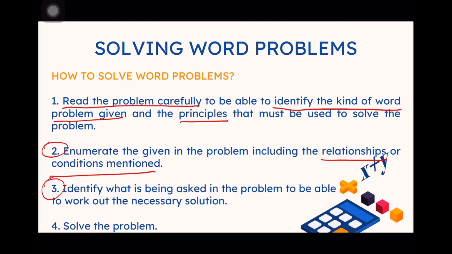Upon identifying the given, you already know what is being asked in the problem. It's very important that you have the given and you know what is being asked, because by comparing the given and what's being asked, you'll be able to assess the necessary solution that you will need to solve that particular unknown.